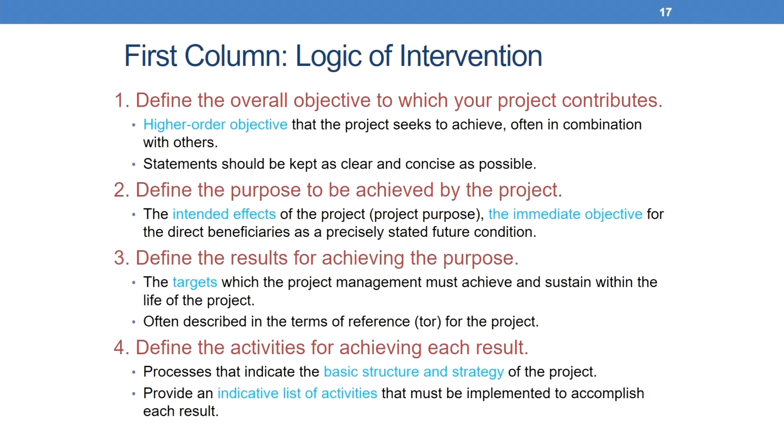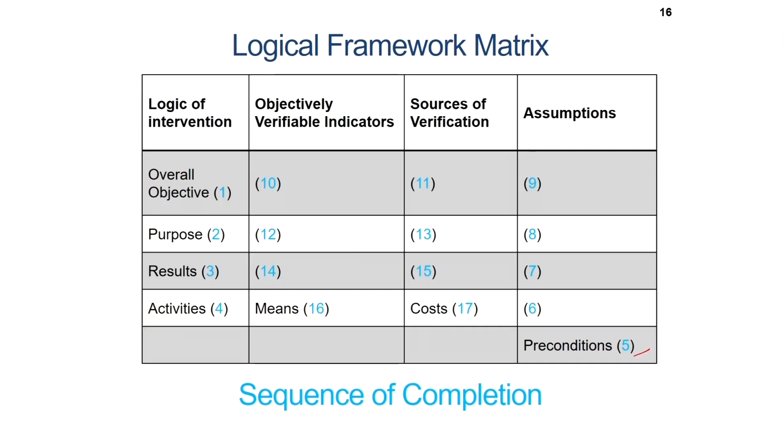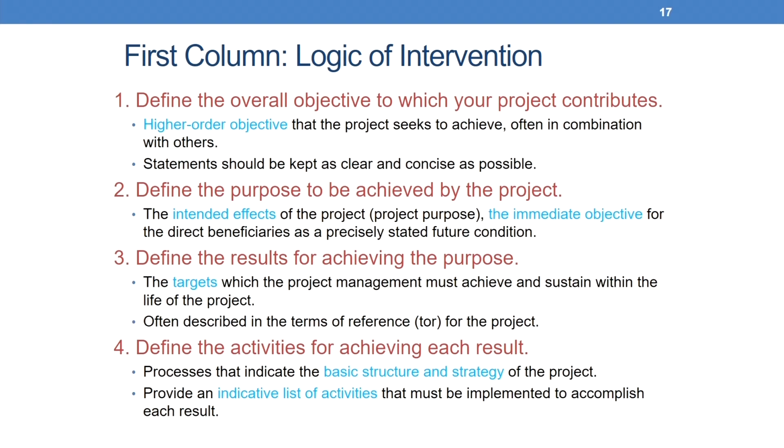Let us first try to understand the first column of logic of intervention. What are the different components of this first column? So, here we first define the overall objective to which our project contributes, the higher order objective that the project seeks to achieve, often in combination with others, and statements should be kept as clear and concise as possible.